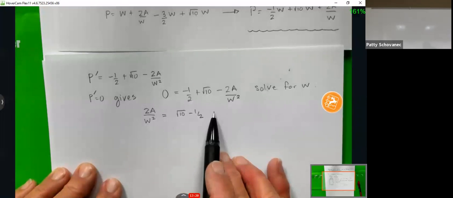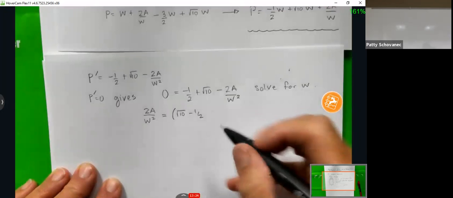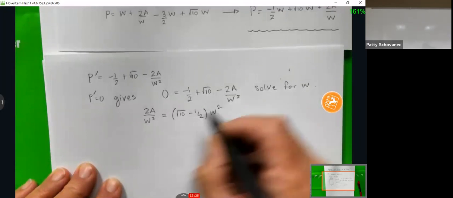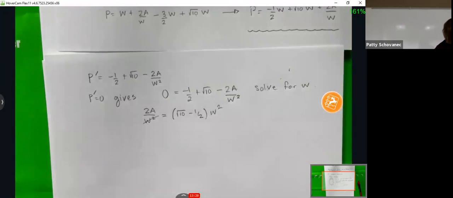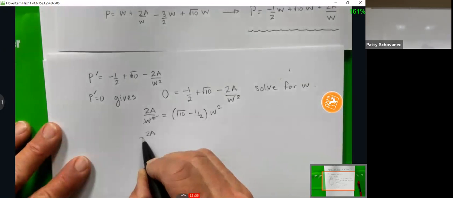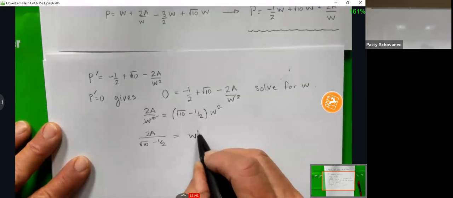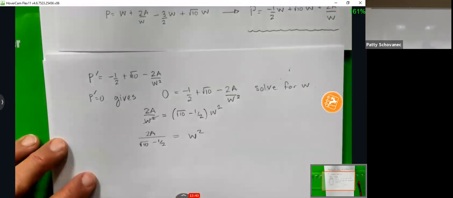I'm going to multiply through by w squared. Then I'm going to divide by the square root of 10 minus a half. And then we'll take the square root.